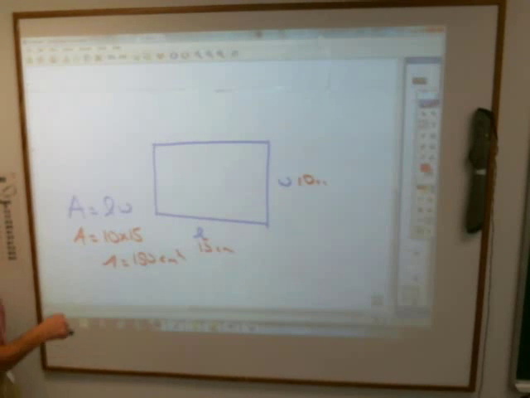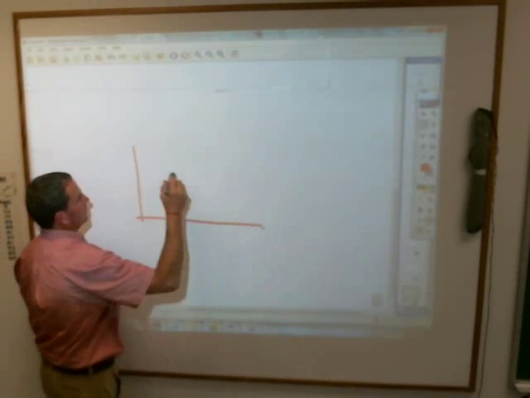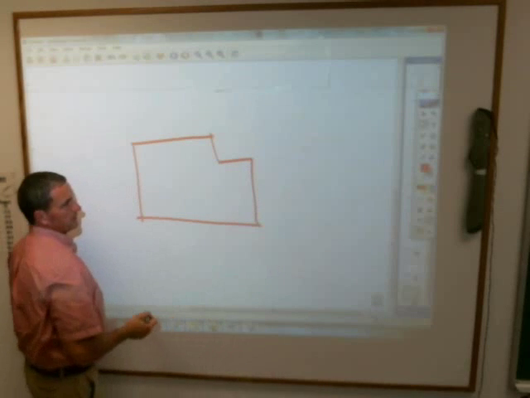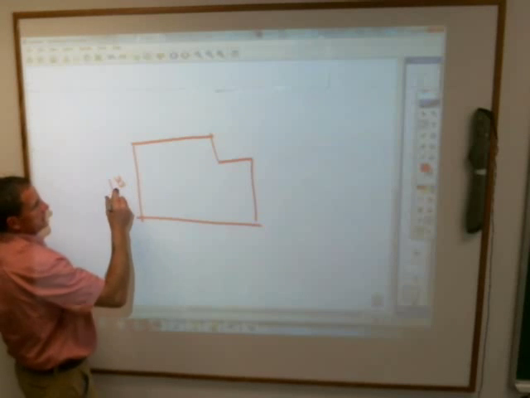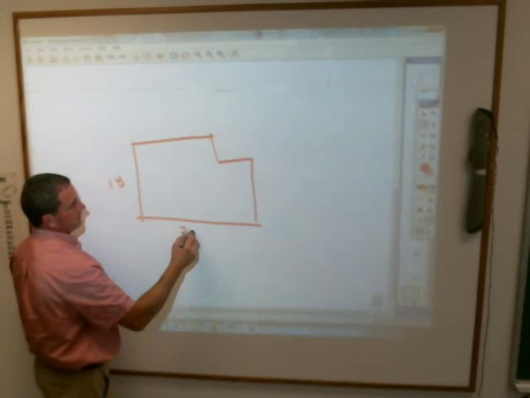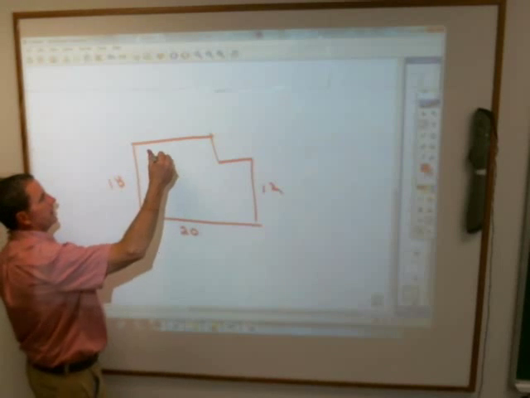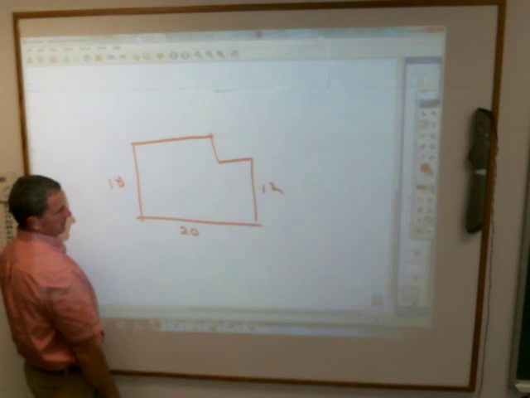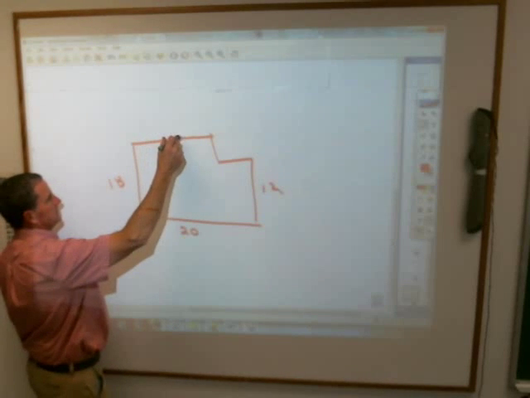But what happens when we have a rectangle that has a cutout in it? What if it's missing a portion like this? Let's see, my rectangle is, what should we make this? 18 by 20 by 12 by, what's that look like? 14.